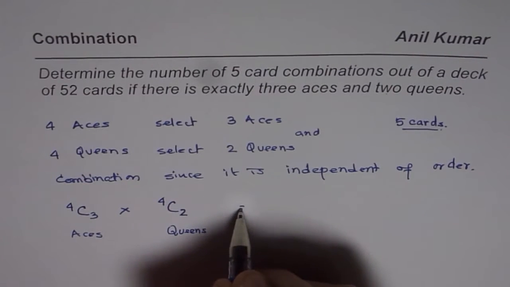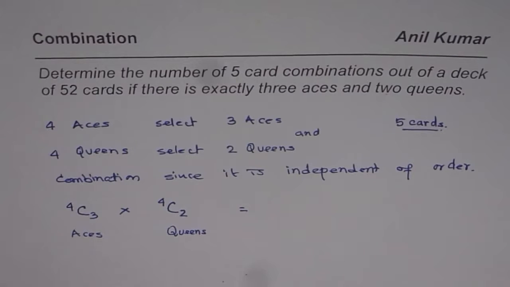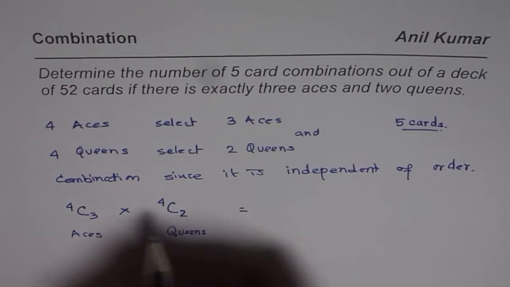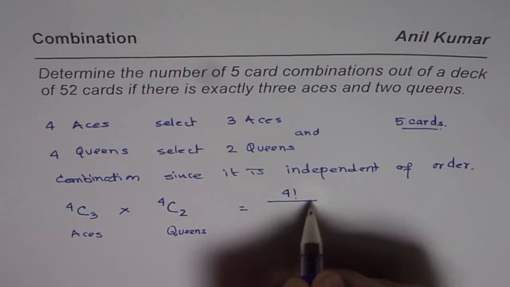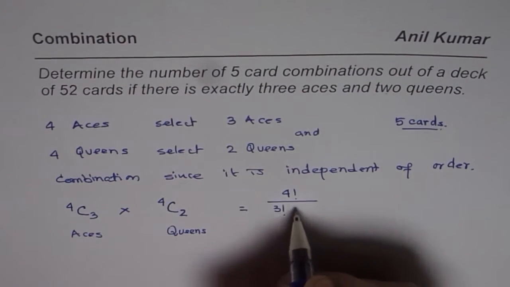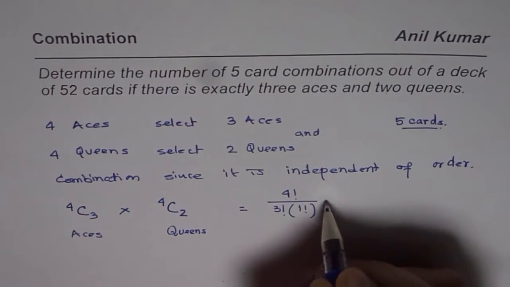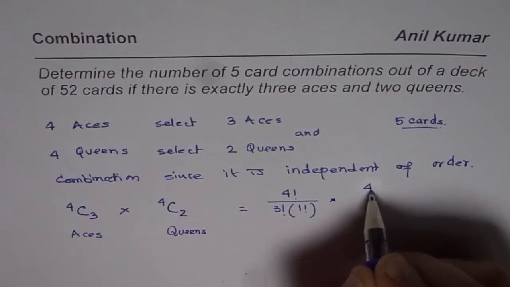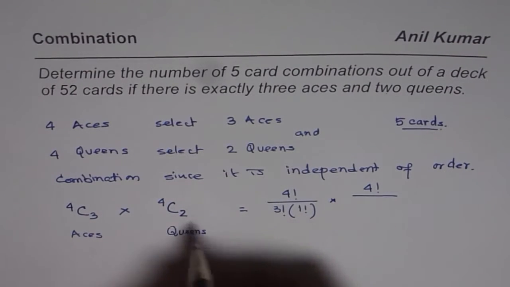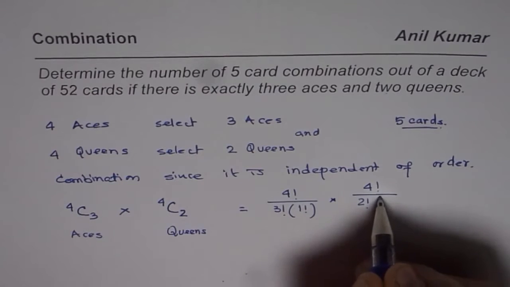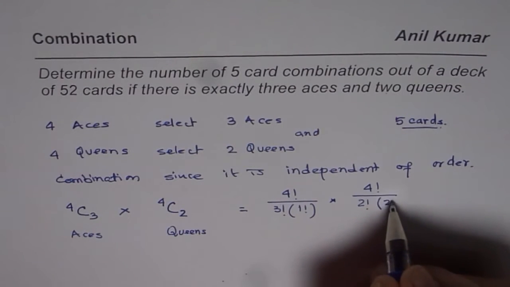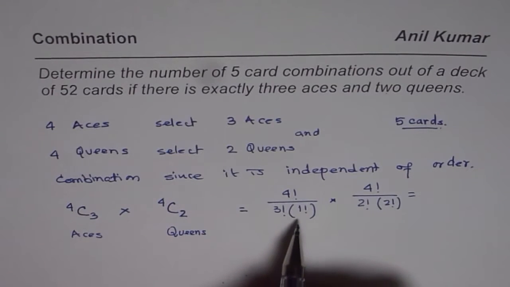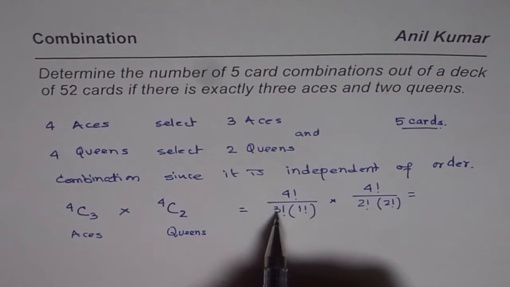So that is equal to. We can use a calculator and find the answer, or you could do this, which is simpler. You can do 4 factorial divided by 3 factorial times (4 minus 3), which is 1 factorial, times 4 factorial divided by 2 factorial times (4 minus 2), which is also 2 factorial. 1 factorial is 1, 3 factorial is 3 times 2, right?